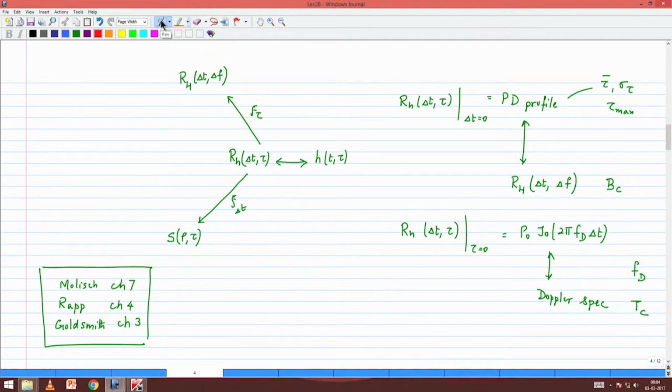So basically, let me just highlight that. This one assumes that delta t equal to 0. Then I only have a delay dimension, which if I take the Fourier transform, gave me the spaced time, spaced frequency correlation function.